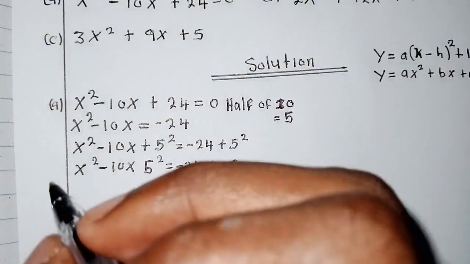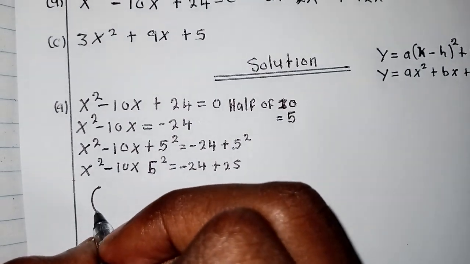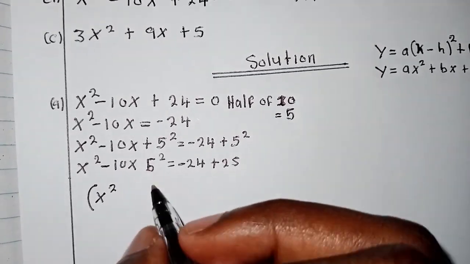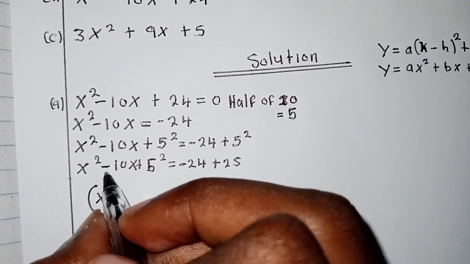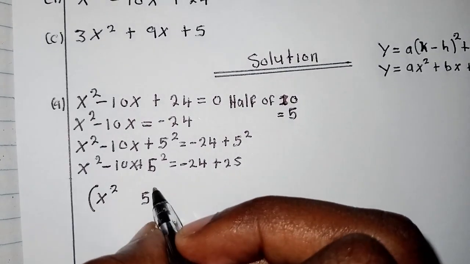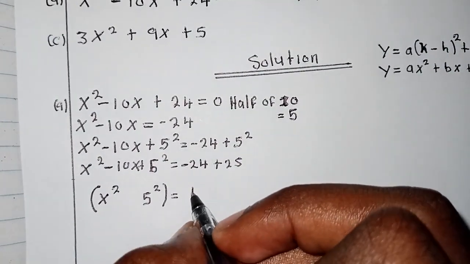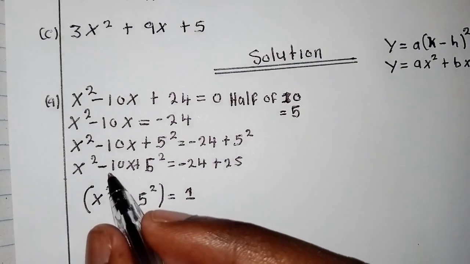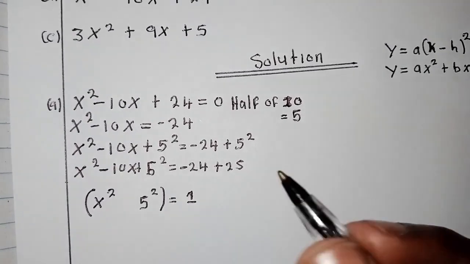So this side you just let it be. Then from here, you collect this part, and the right side automatically gives you 1. Now, for the sign, you make sure that you get the sign of the parent number from which you got the half.